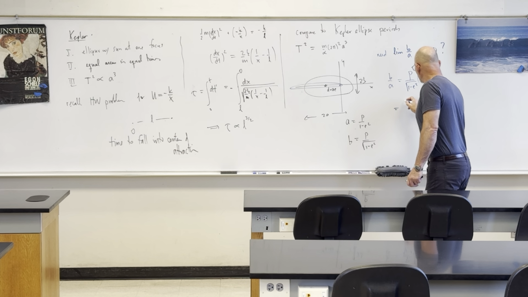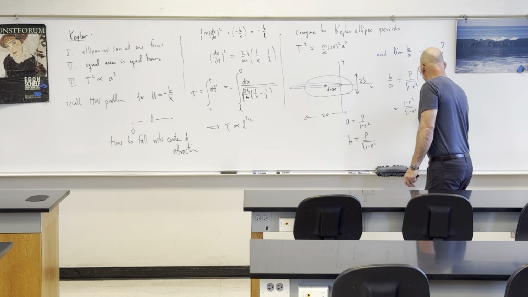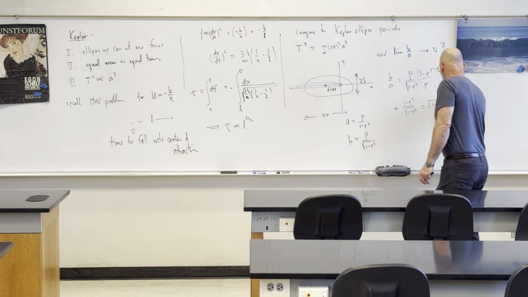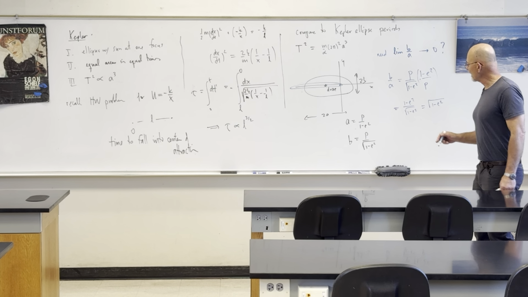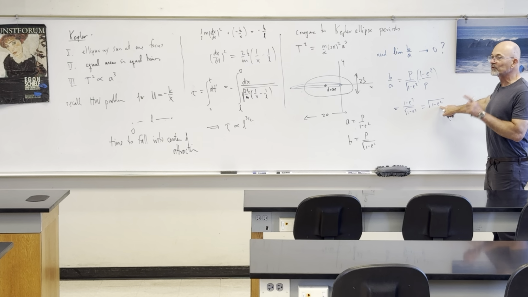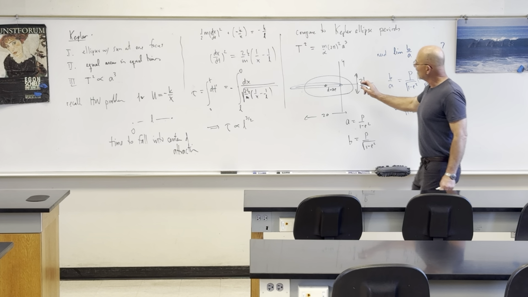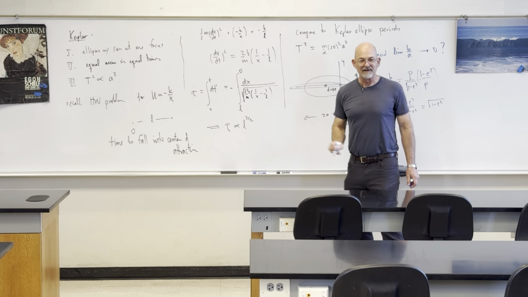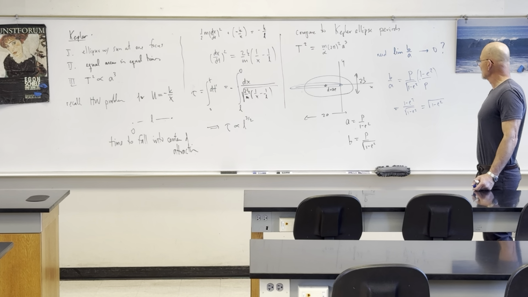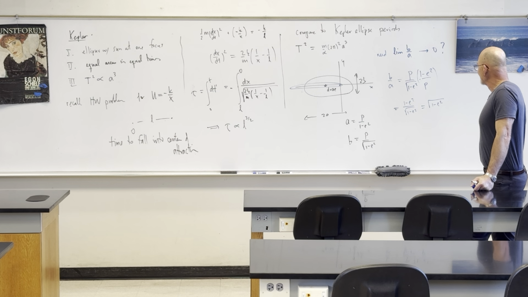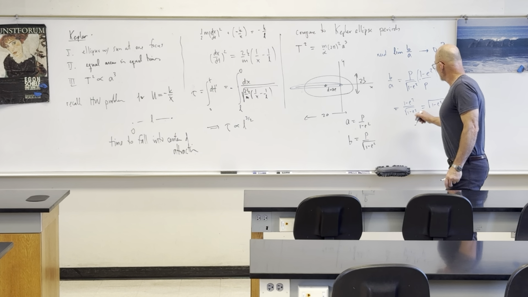We have 1 minus e squared over the root of 1 minus e squared, which equals the root of 1 minus e squared. So apparently as e gets arbitrarily close to 1, our trajectory gets arbitrarily flat. Good, so that's possible. Everybody see that? Good.